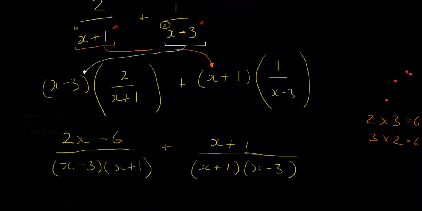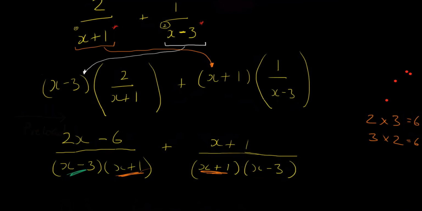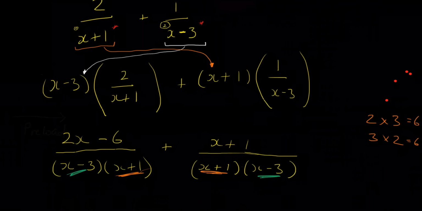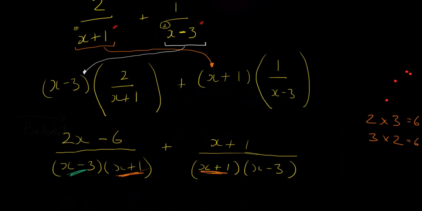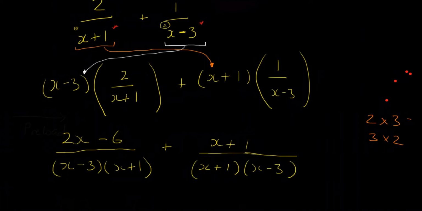I've got this term here and this term there, and in green I've got this term here, so they're exactly the same. You're right, they're written in a different order, but they're exactly the same.